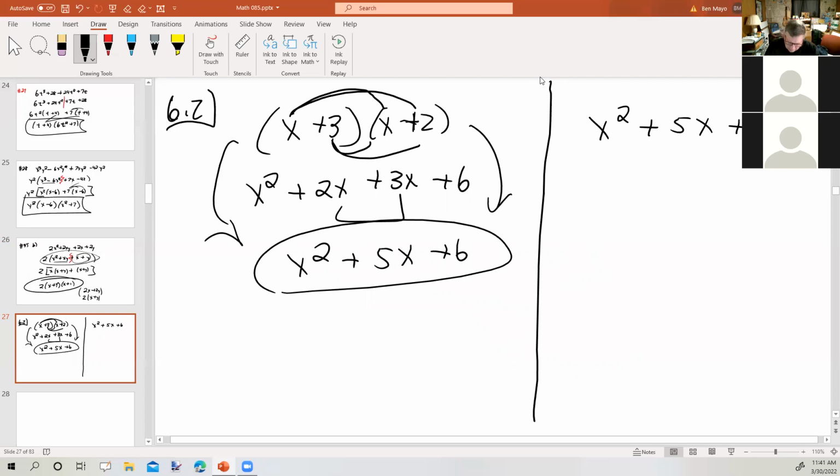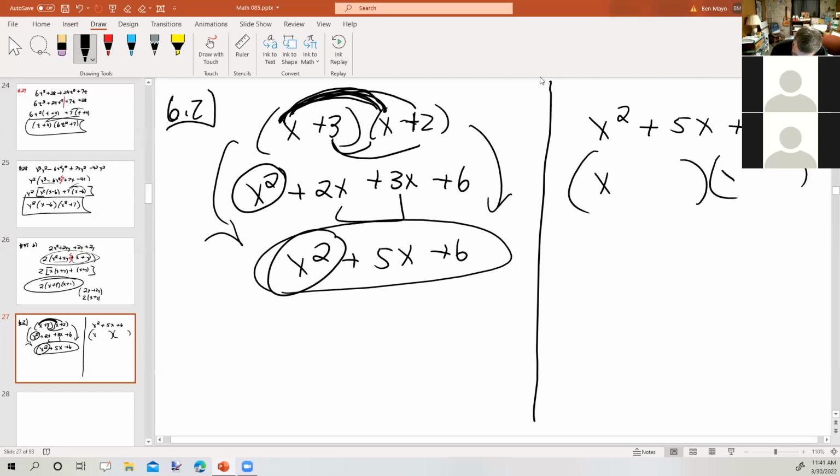Okay. Now, let's look at the mechanics of this and how things work. X times x, so the first times the first, gives us this term, right? Which is here. So that means going backwards, this term would go there.